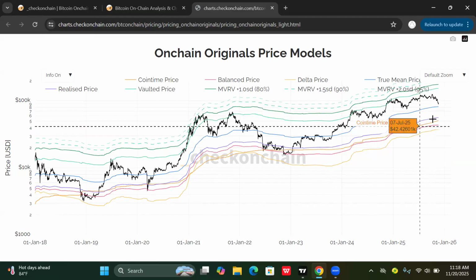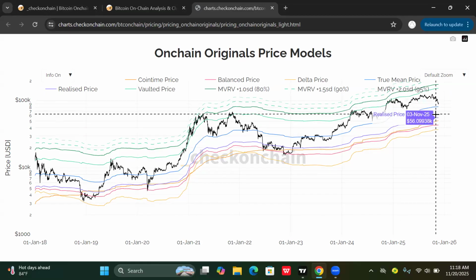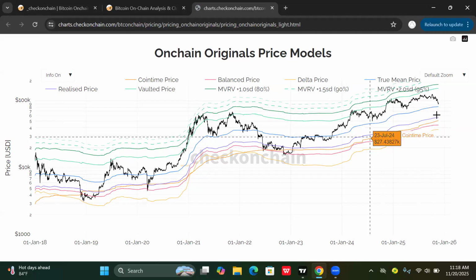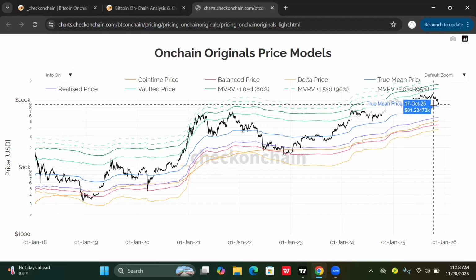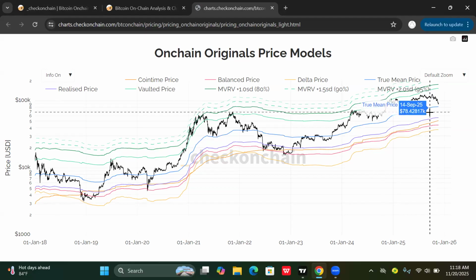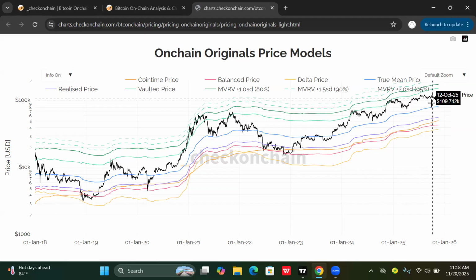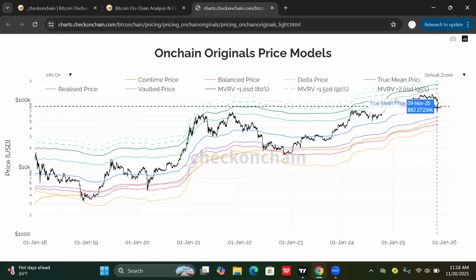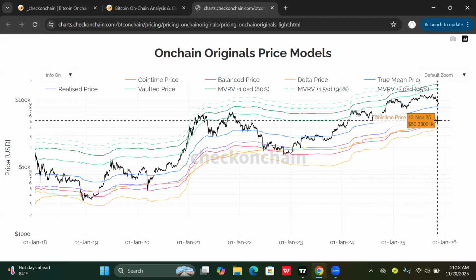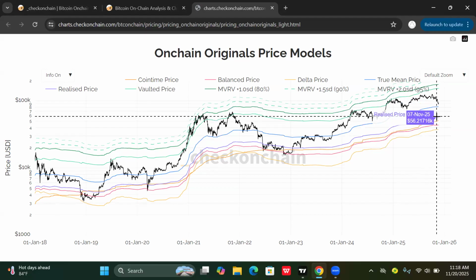So I think Bitcoin going down to 80K would be a very nice buy for me. Right now, hitting 80K would be nice, or going below it. If we see Bitcoin hit 50K, then that would be freaking nice.